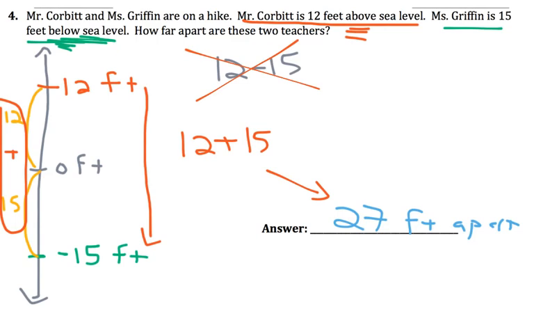And I think something else Marcus said was, if you find the distance to 0 from both numbers and then you add them together, that's going to give you all of the space in between 12 and negative 15. So hopefully you were able to figure that out just from reading it carefully.